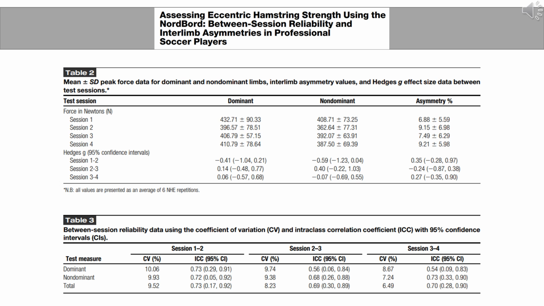So not only is this a fantastic exercise for inducing eccentric strength in the hamstrings, which also helps to promote increased fascicle length in the muscle, but it's also a reliable test measure. And as a consequence of it being a reliable test measure and a good exercise, it seems like it is effective at helping to reduce non-contact hamstring injuries by virtue of improving both flexibility and strength concurrently.